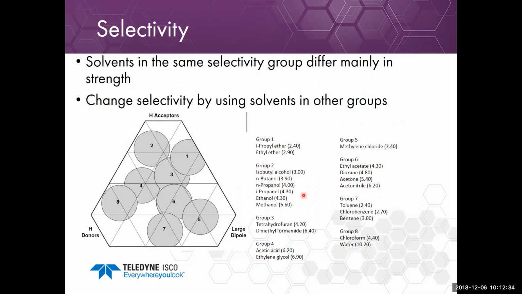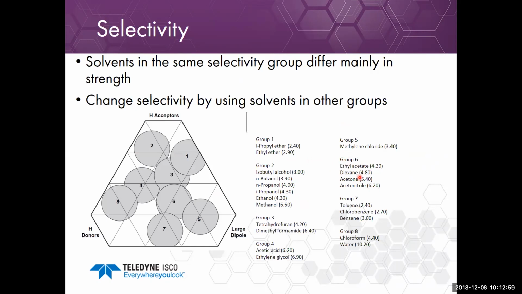The other thing that we can adjust is selectivity. Solvents in the same selectivity group differ mainly in strength. So in group 6, where you see acetonitrile, you also see acetone as well. And you can use acetone as an HPLC reverse phase solvent. It acts very similarly to acetonitrile, except that it's what we would call a stronger solvent.